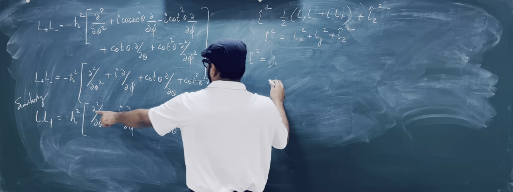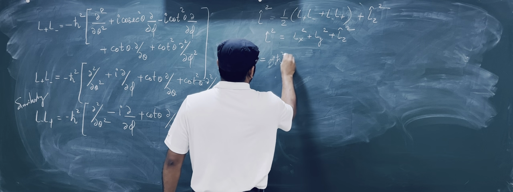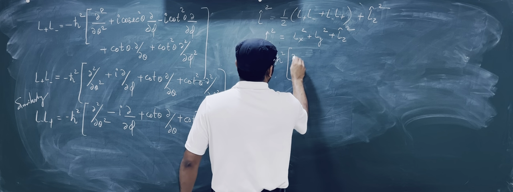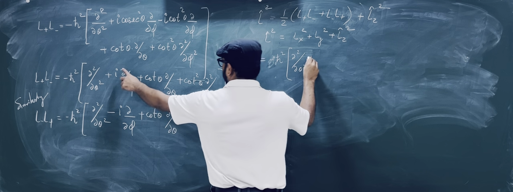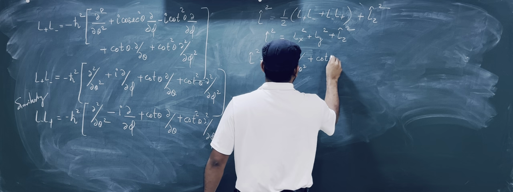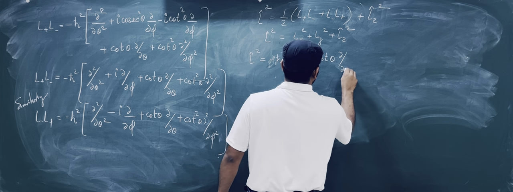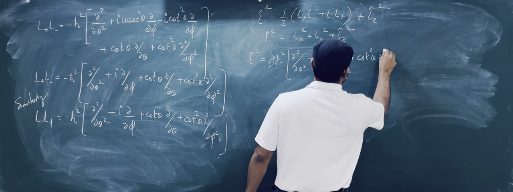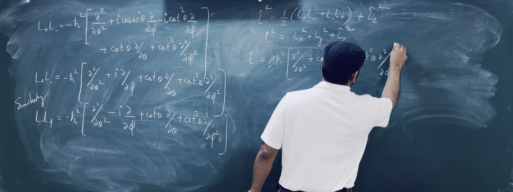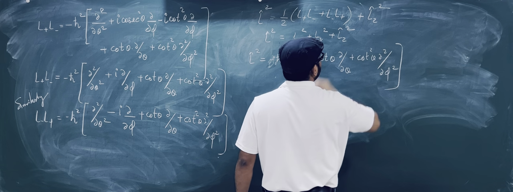So this can be written as minus ħ square, and there is del 2 over del theta square, plus cot theta del over del theta plus cot square theta del 2 over del phi square, and we are left with Lz square.